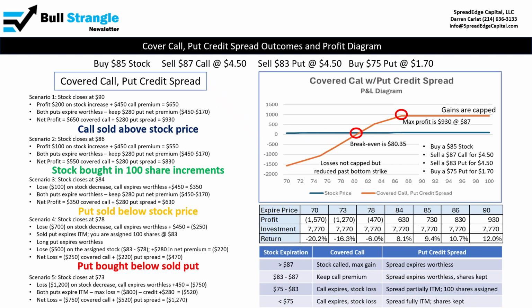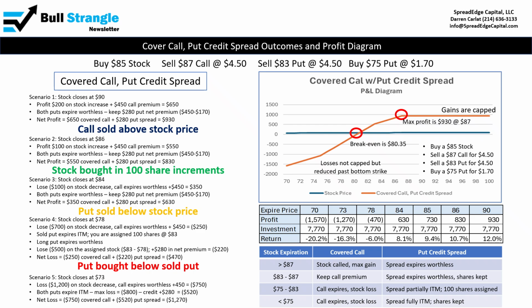Okay, now we're going to do the covered call put credit spread scenario, which the assumptions, again, are all exactly the same, except that we are adding this bought put that's a $75 strike that we are going to buy for $1.70 or $170.